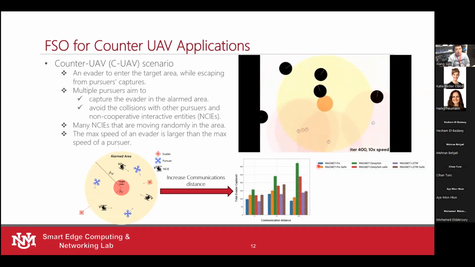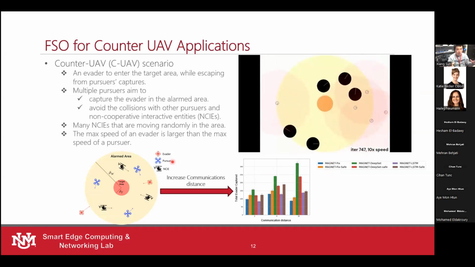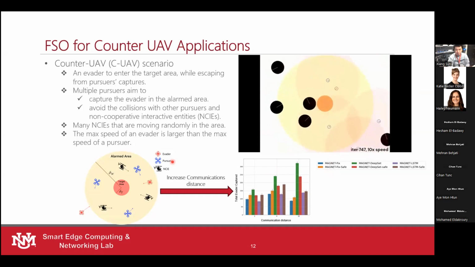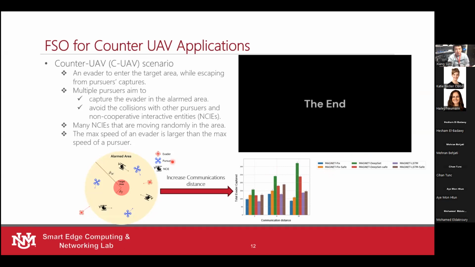The lesson we learned here is that the observation area is the key component to improve the capture rate. If each pursuer has a larger observation area, then the capture rate is increased. This is because we don't have a centralized controller, so each UAV collaborates with other UAVs to capture the evader only if this UAV observes the evader.